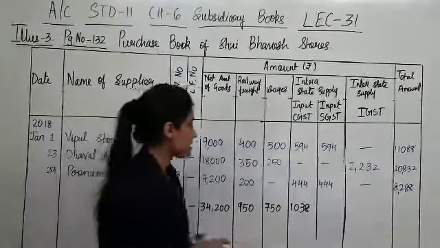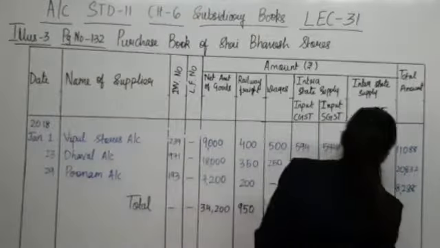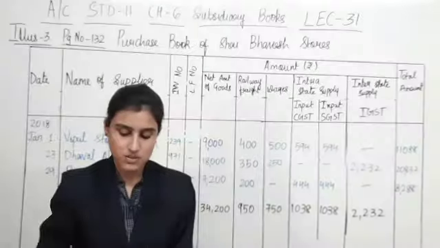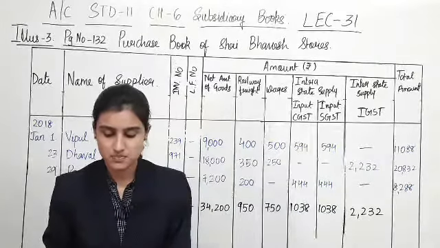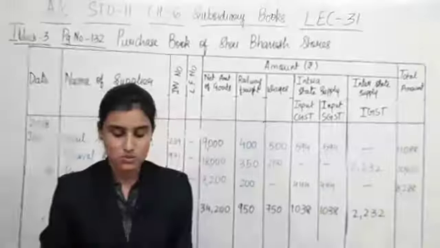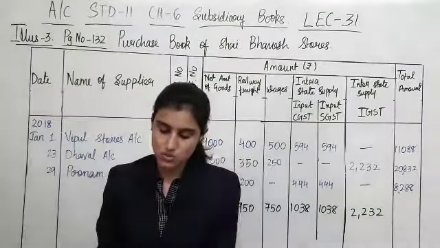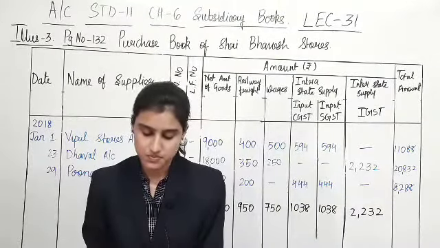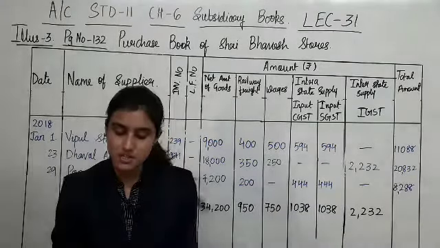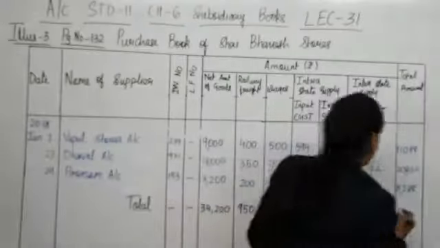Then it is again the same, 2,232. Then 11,088 rupees. 20,832. 8,288. 40,208 rupees.